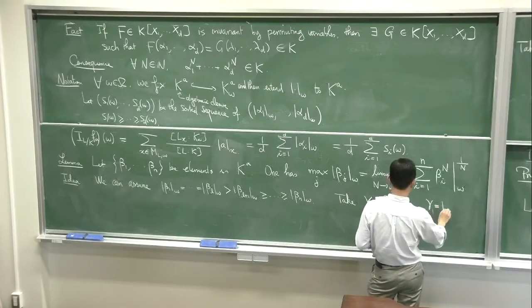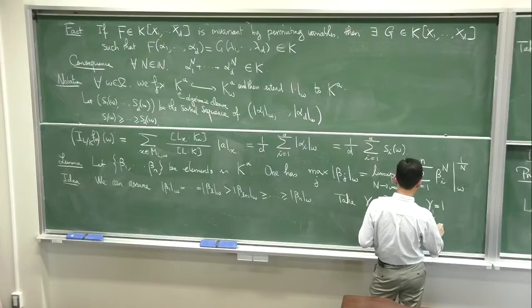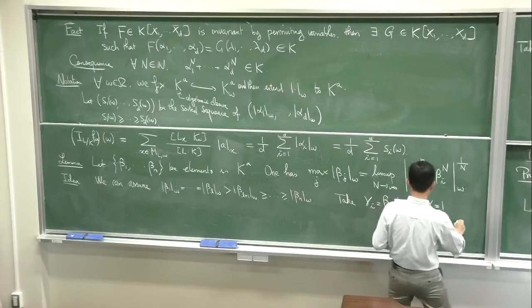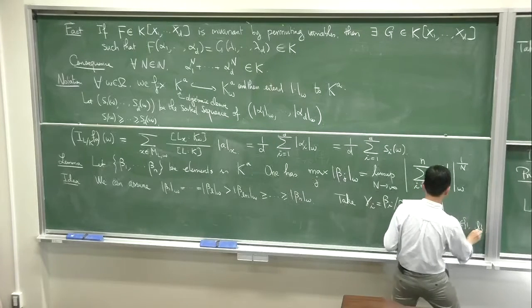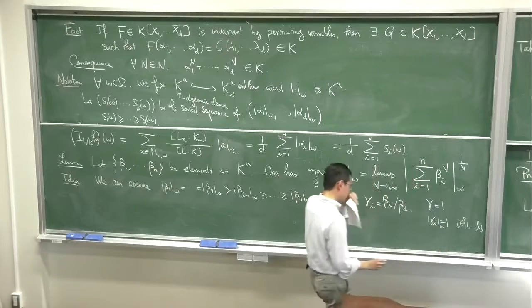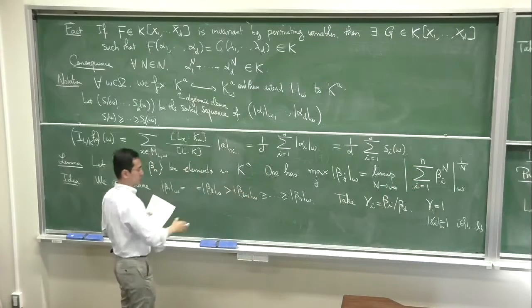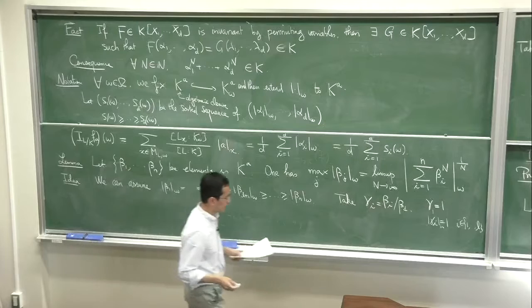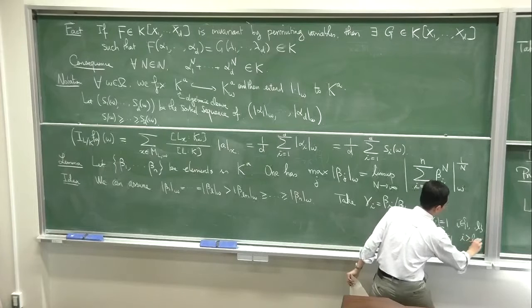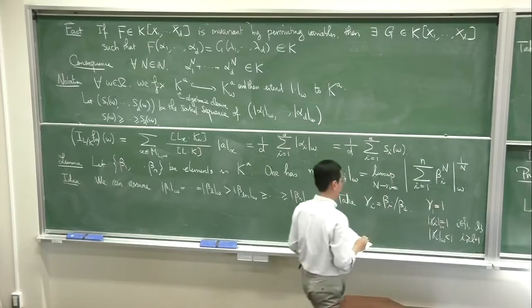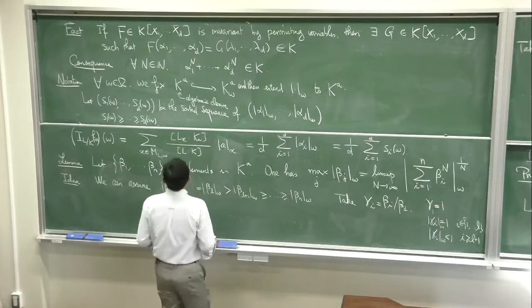Then you have gamma_1 is 1, and the absolute value of gamma_i is 1 for i in 1 to L. And afterwards, the absolute value of gamma_i is smaller than 1 for i bigger than L plus 1.